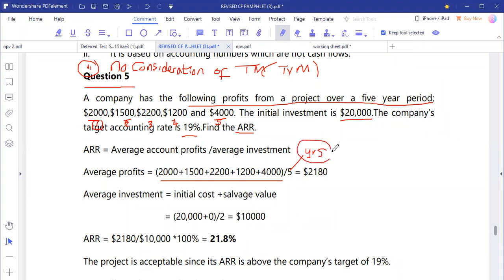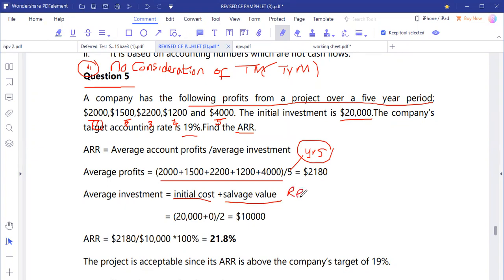All right, now we are to do the average investment. Average investment is equal to initial cost, which is the $20,000, plus the salvage value. This one is also called the residue value.